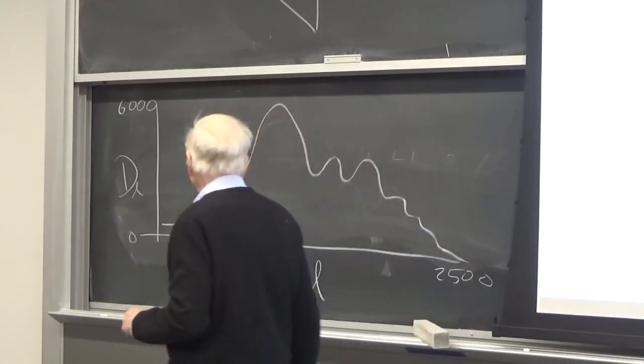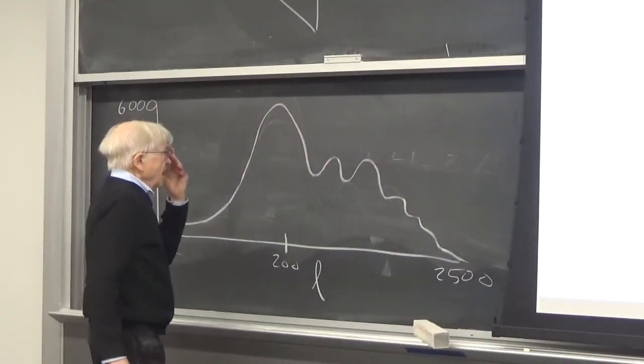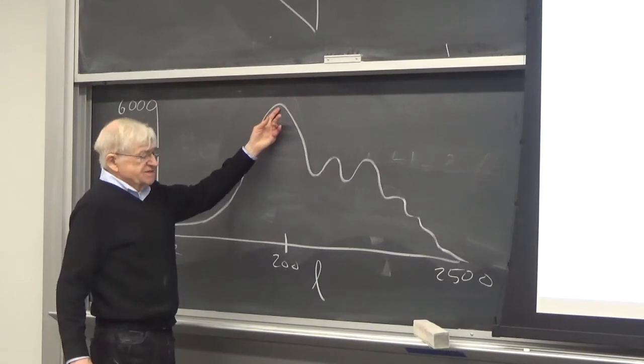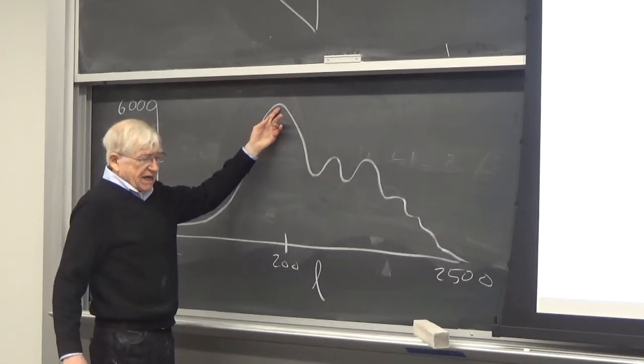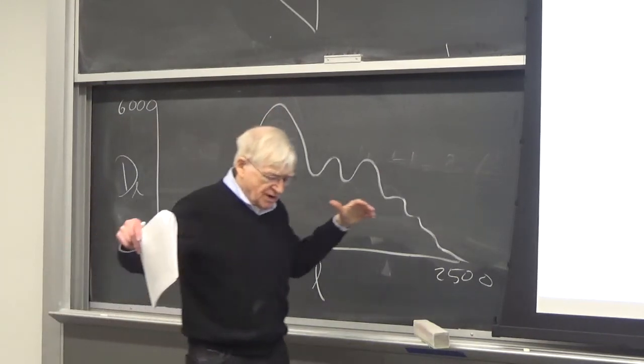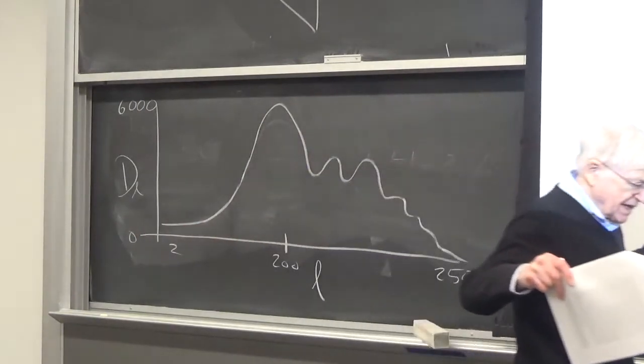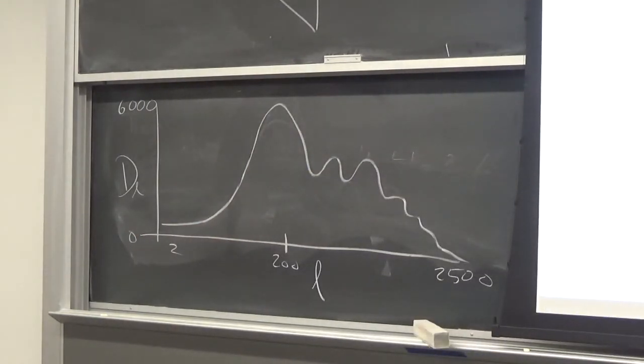And this corresponds to areas that were slightly overdense. And slightly means 1 part in 10 to the 5th, or 1 part in 10 to the 4th.